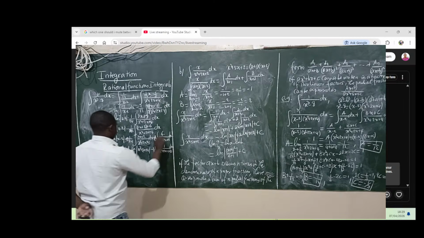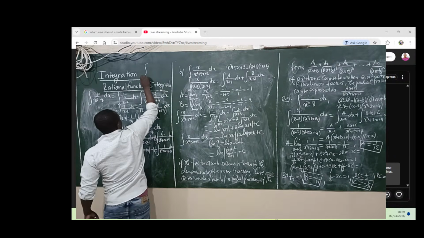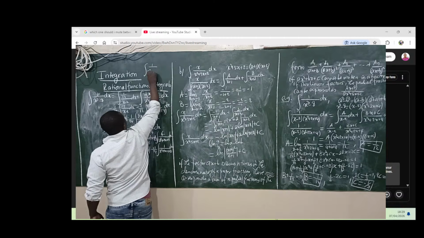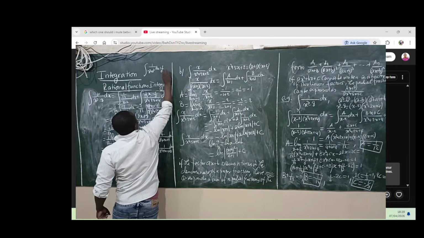And from our last class, we saw the integral of 1 by x squared plus a squared dx is 1 over a times the inverse tangent of x over a.